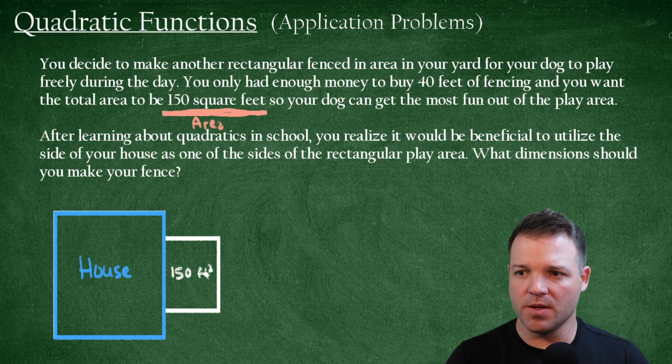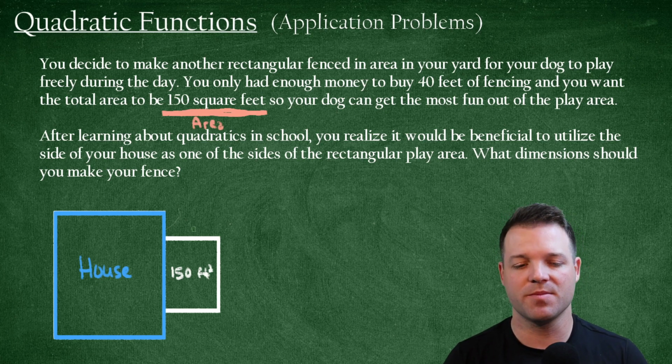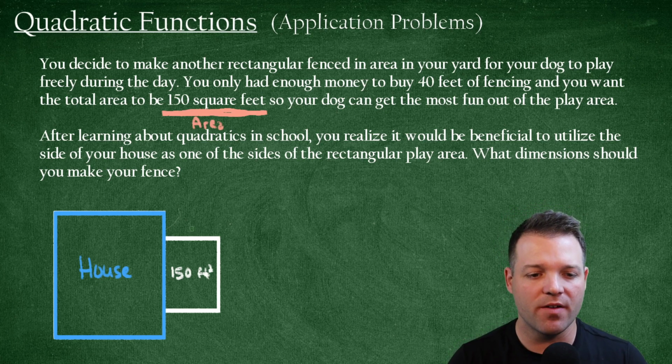Okay, so the rest of this is really to figure out these two different dimensions. So I'm just going to label these. You can label them W for width and H for height, or X's and Y's, whatever. It doesn't really matter. I'm going to label this W and this H, for width and height.